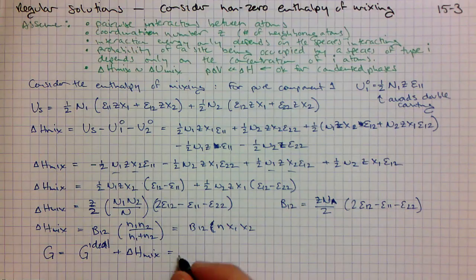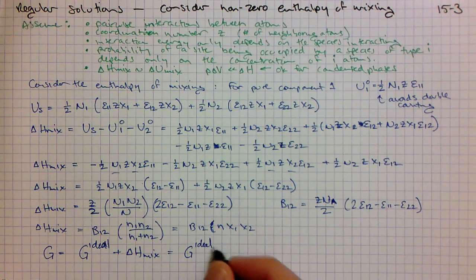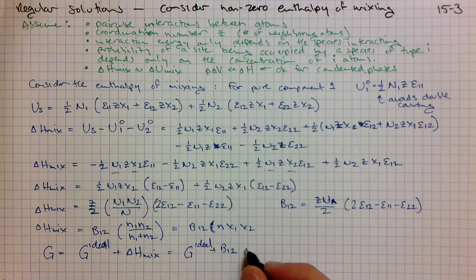So this is going to be G ideal plus B12 times N1 N2 over N total.